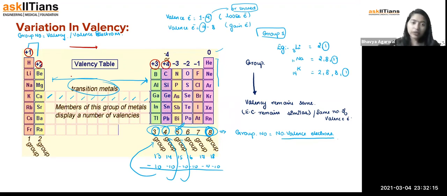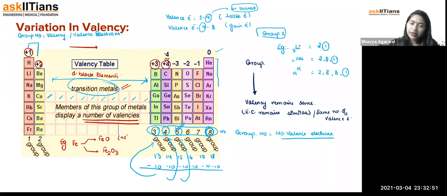Whereas if you talk about the elements lying in between, that is your D block elements, remember? We discussed this in yesterday's class. These are known as transition metals. The reason why they are known as transition metals is because they show multiple valencies. A very common example is iron. Iron makes FeO and Fe2O3.